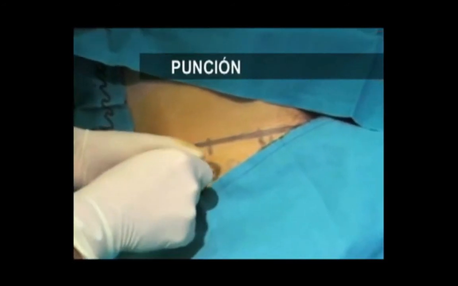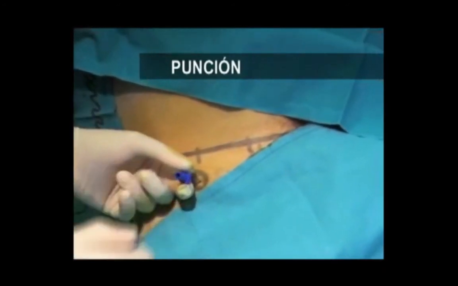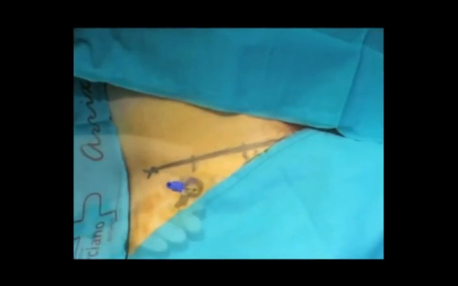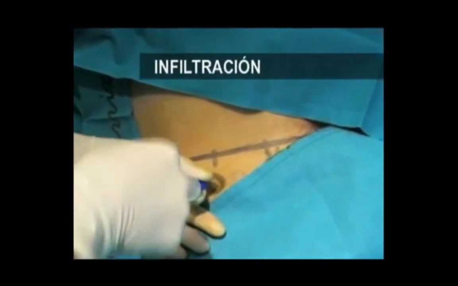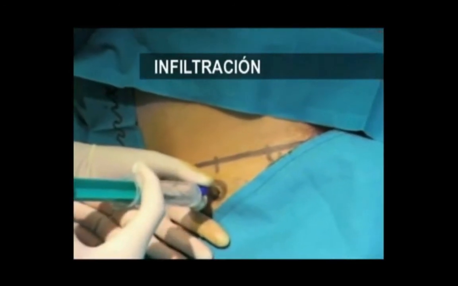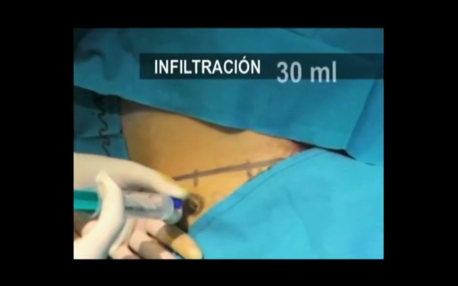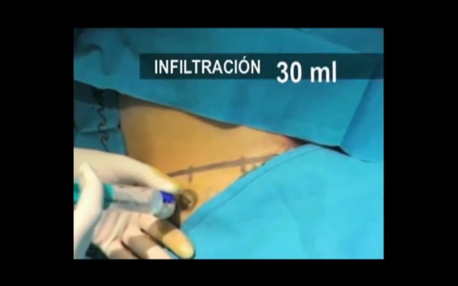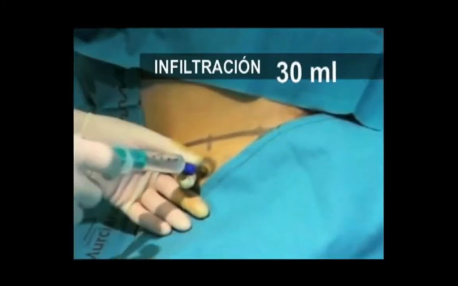And as this is a field block, the volume of local anaesthetic is far more important than the concentration. So what we want to do is instill a large volume, so 30 to 40 mils of a dilute solution of local anaesthetic.